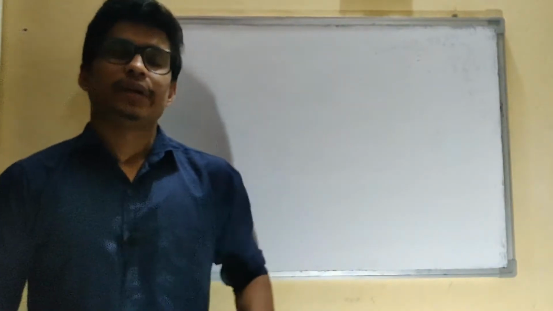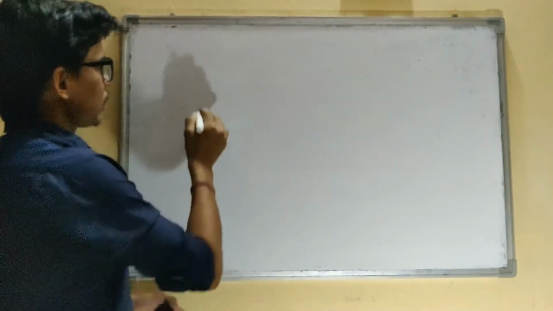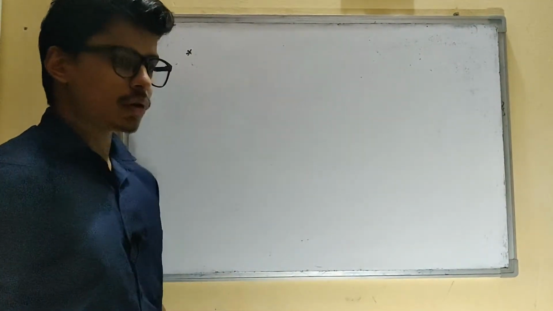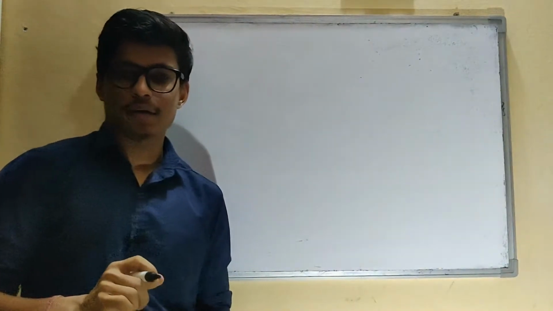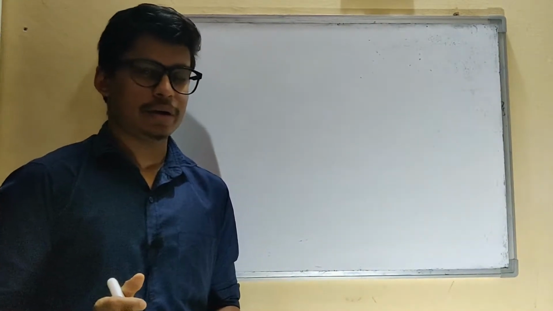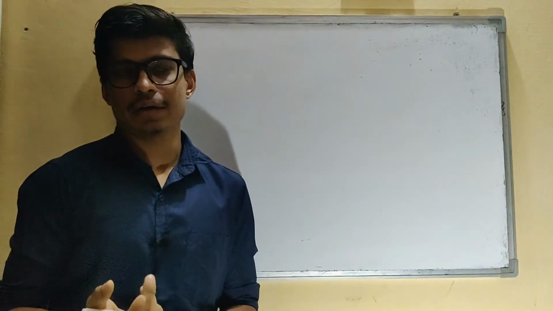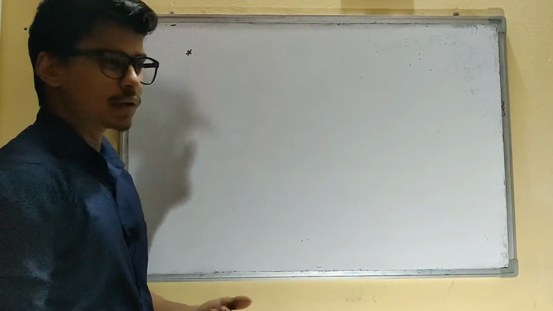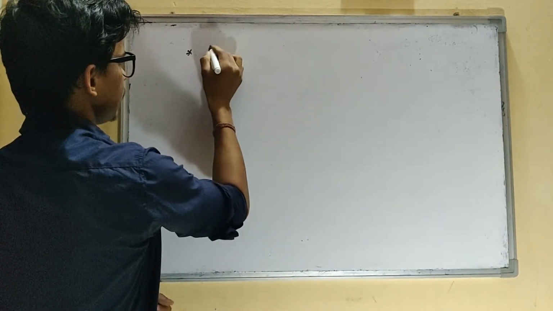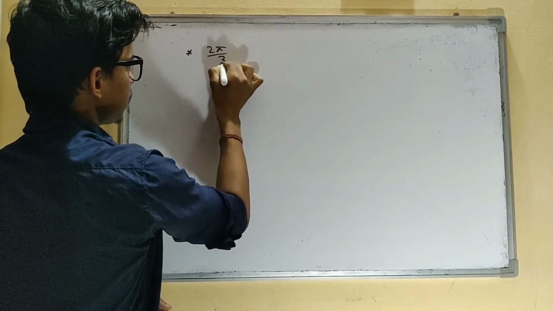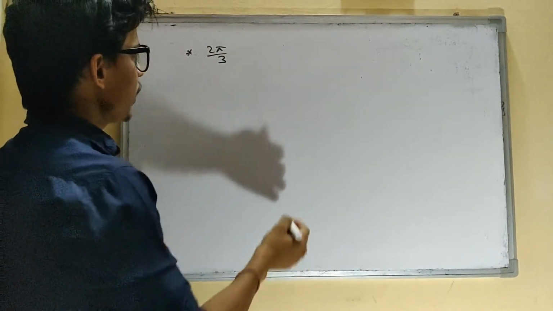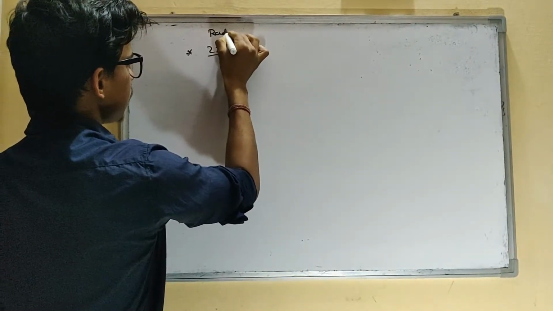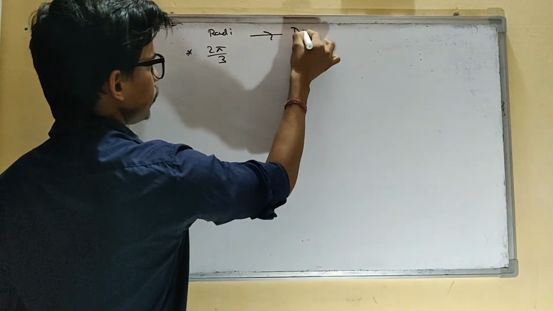So next thing is, we saw how to convert an angle which is given in degree into radian, right? Now we have a question where it is in radian and I have to convert it into degree. So how can you do this? Some things are very simple, right? For example, 2 pi by 3 is in radian, and I have to convert it into degree.